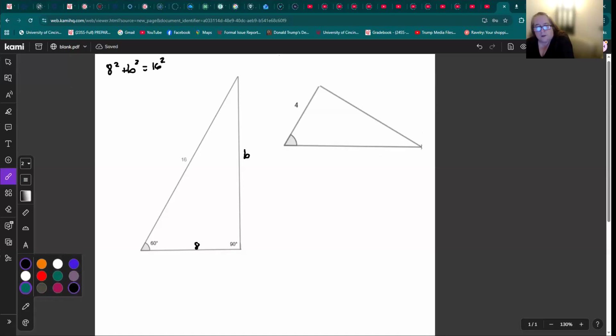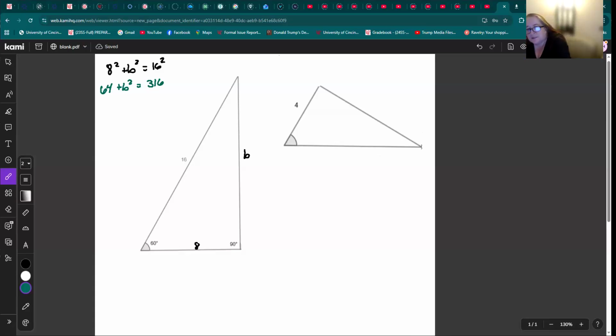Working with the numbers that I have, I can figure out what my numbers are. So we're going to look at the 8 squared is 64 plus b squared equals 16 squared.